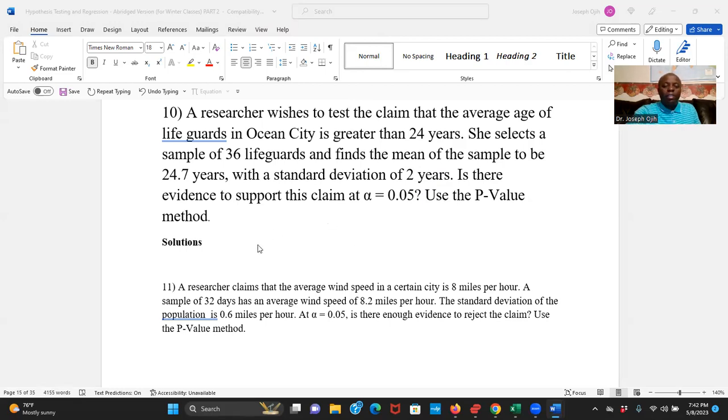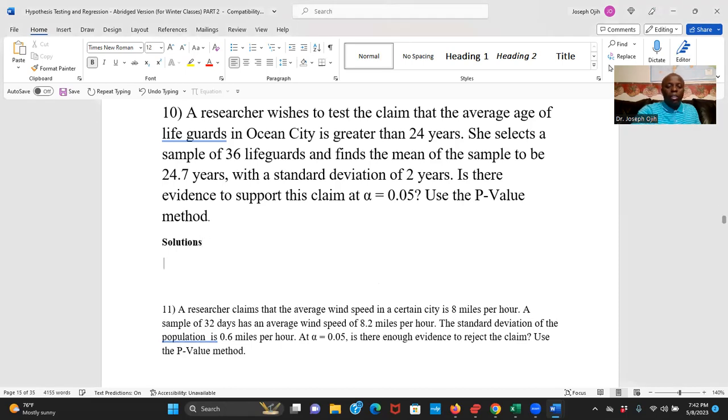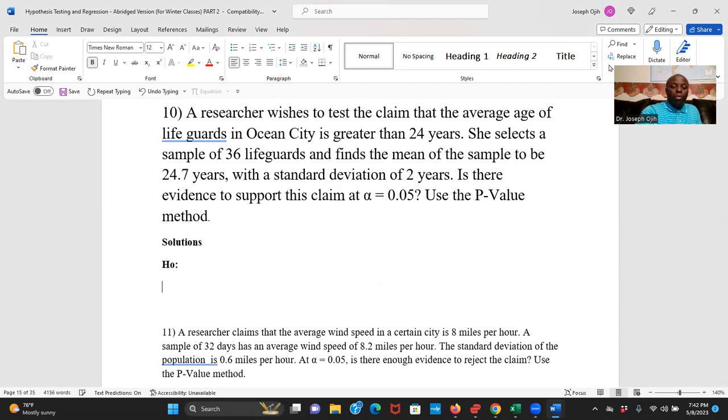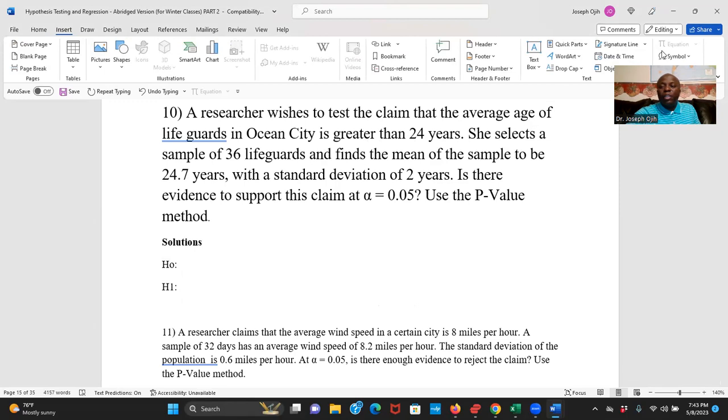The first thing, like before, is to state the null hypothesis and the alternative hypothesis. I'm going to put both of them, H0 and H1. The researcher wishes to test the claim that the average age of lifeguards in Ocean City is greater than 24 years. You can only use greater than in the alternative hypothesis, so we put it there: the average age is greater than 24 years.